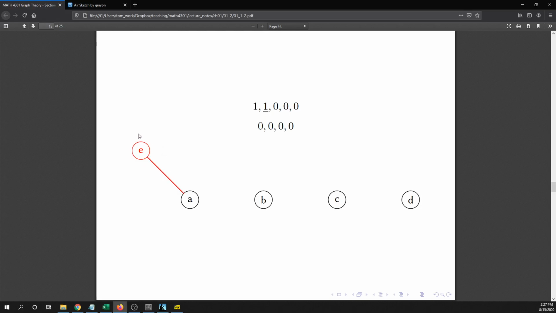So the red vertex and edge are the new things that we added in there. Okay. So going from here, you would draw a new vertex, and then you would connect that new vertex to one of these vertices right here. All right, so that's what it would look like.